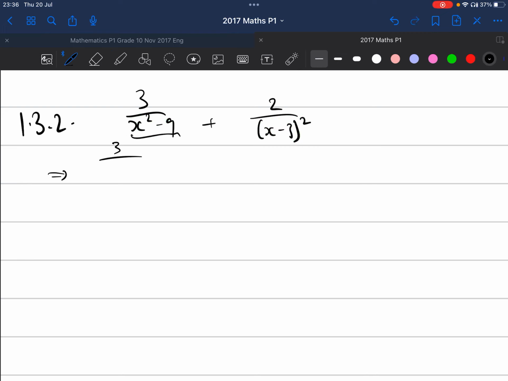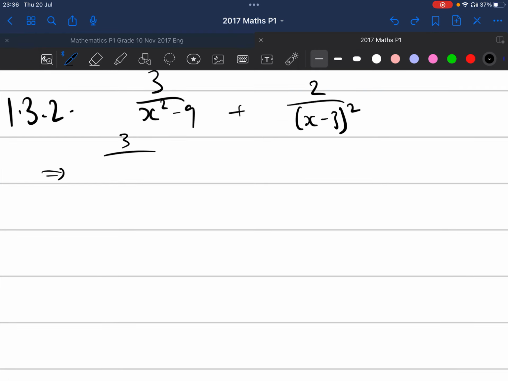Starting with x squared minus 9, that looks like a difference of two squares, because 9 is a perfect square, it's 3 squared, and x squared is obviously x squared. So we have x minus 3 times x plus 3. And on this side we have x minus 3, x minus 3.